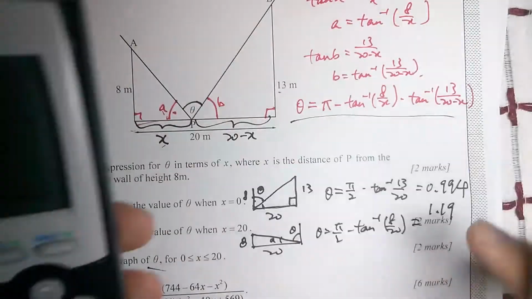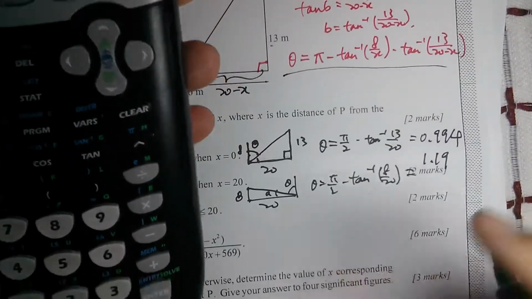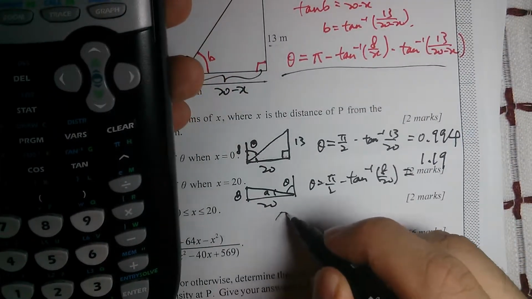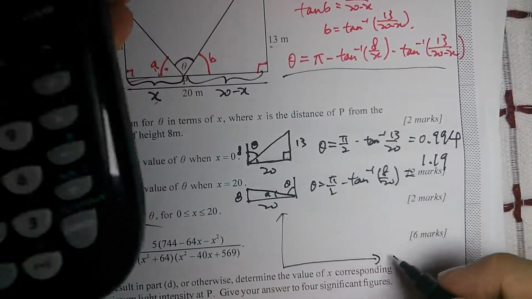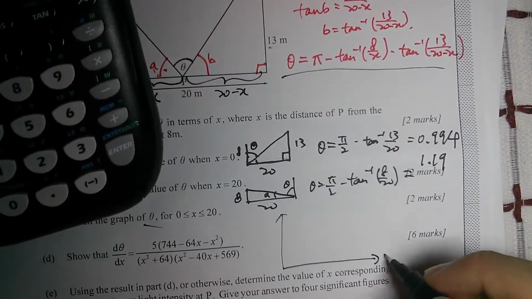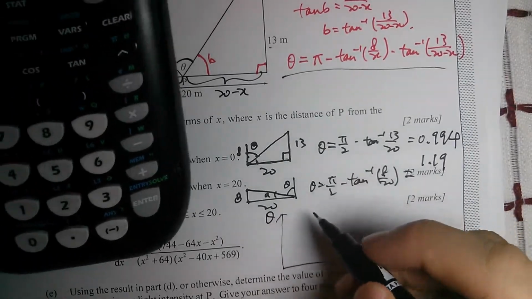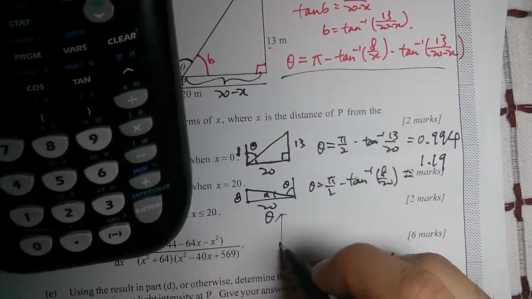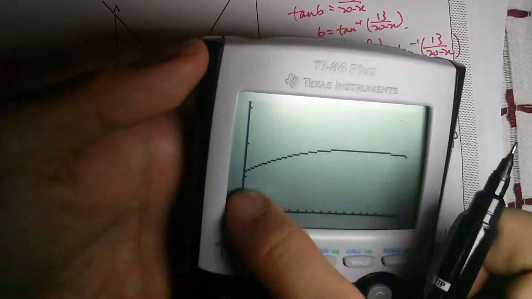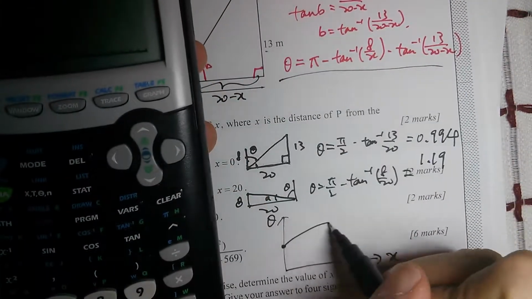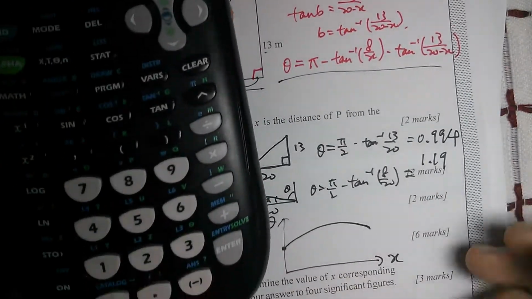So just draw that. I'm kind of running out of space, but anyway, let's draw it here. This is x, this is theta, and we have a point here. According to the graph, going up and down. That should be good enough.